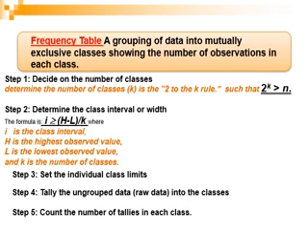These steps are assigned to set the frequency table. First, we will decide the number of classes using this rule: 2 to the power k should be greater than n, where n is the sample size and k is the number of classes that we want to put in the frequency table.